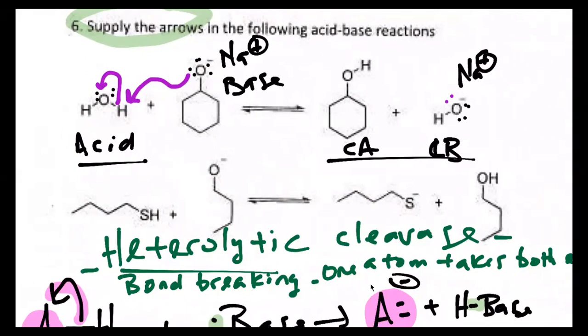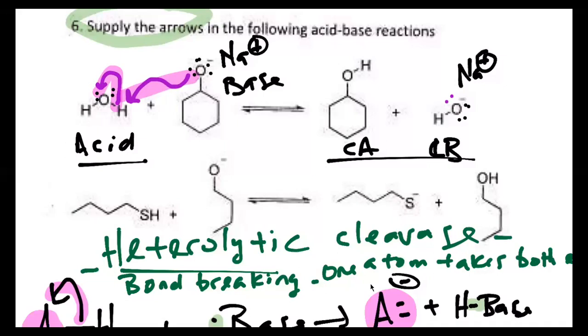Now, does that explain where the conjugate acid comes from? It does, because this arrow is telling me that I'm making a bond between oxygen and hydrogen, and this arrow is telling me that I'm breaking the bond between oxygen and hydrogen. What type of bond formation is that again?